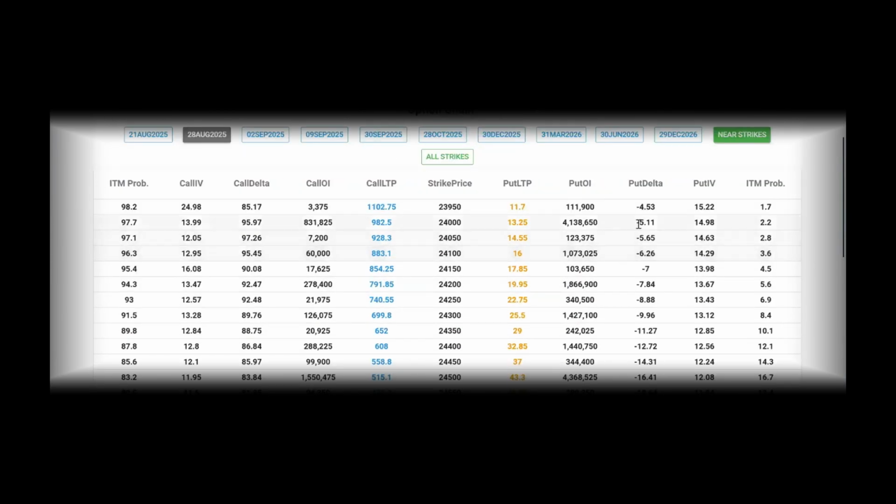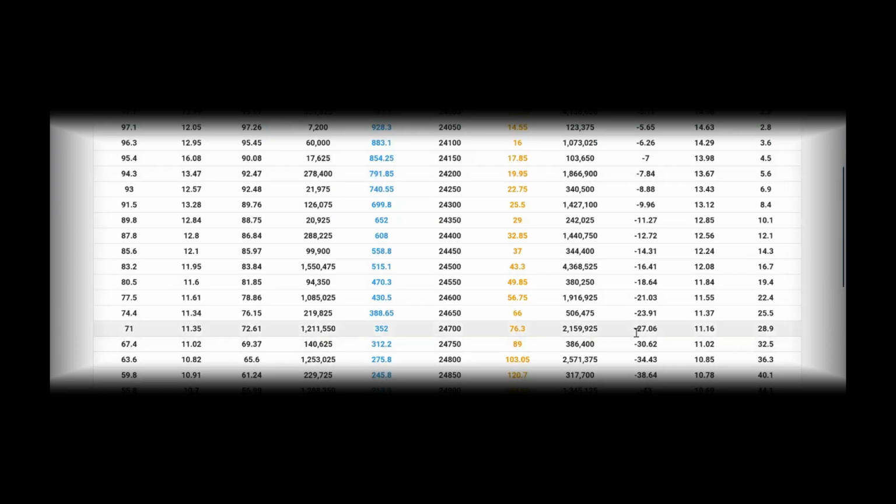Some people would look at the delta. We have not yet discussed what is delta, but we will cover it subsequently. Looking at delta, some people would say that only if it is 20 delta or 25 delta, which is around this price, then it is actually safer to sell 24,700, the same number. There are traders who would say that this is actually a good idea, 24,650 or something.